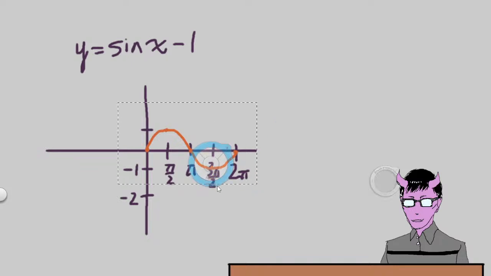But since we have a minus 1, everything is translated one space downwards. All y values are decreased by 1. So here we are. That's it. We already know these graphing rules from when we graphed our parabolas. So downshift.